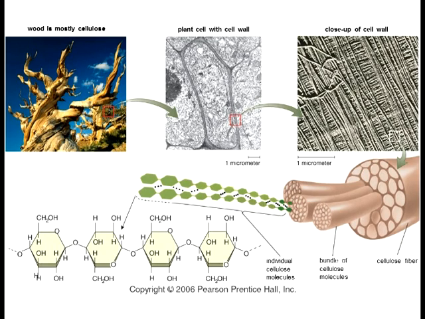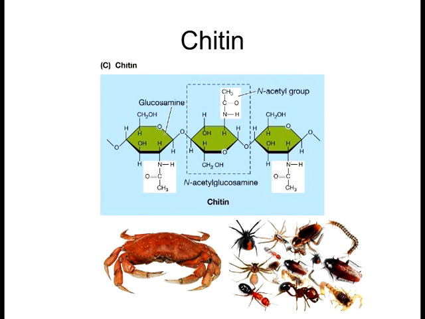All right. Now, so cellulose is by far one of the most abundant polysaccharides on Earth because it's the primary component of plants. It's the primary structure that surrounds the plant cells and gives them their rigidity. Now, chitin. Everybody wants to say chitin when they see it. It's chitin.